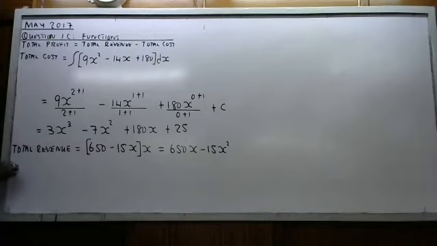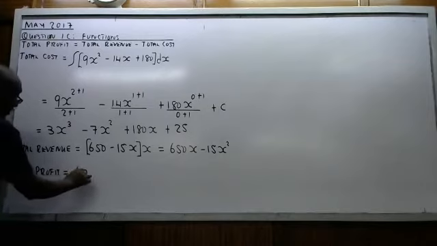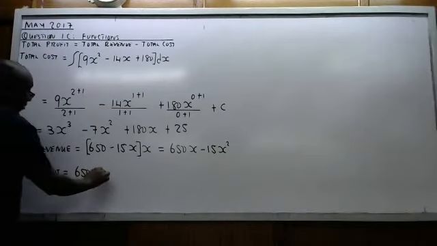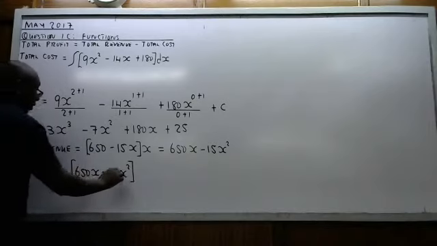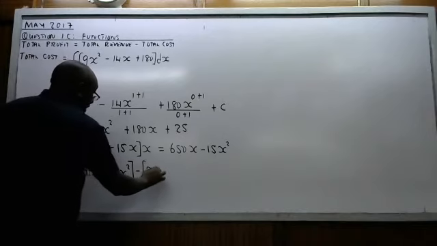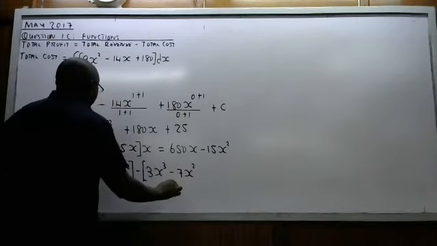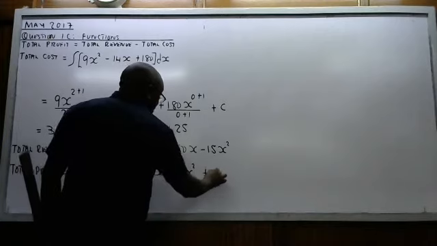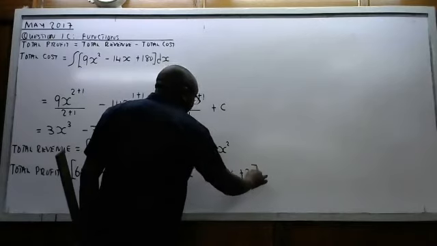And therefore, total profit should be equal to 650x minus 15x squared, minus the total cost, which is 3x cubed minus 7x squared plus 180x plus 25.